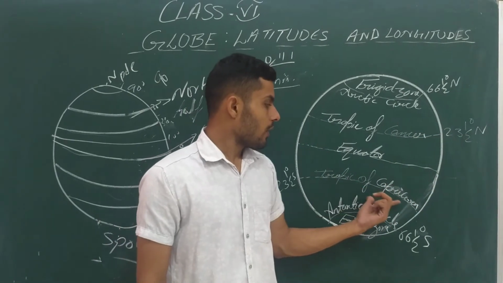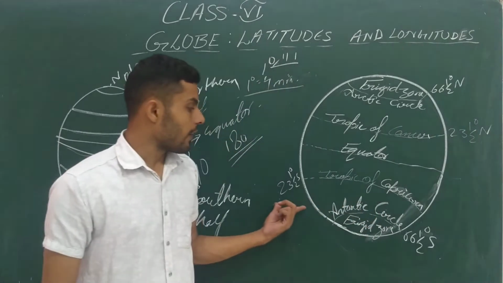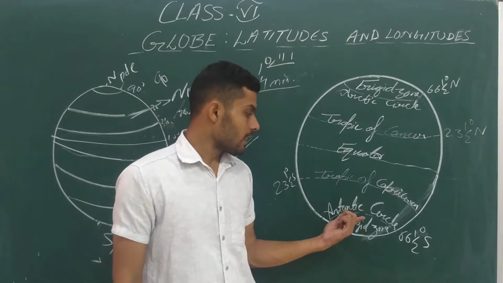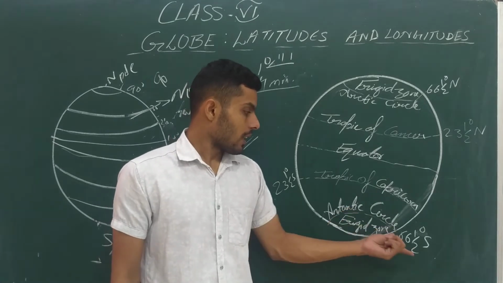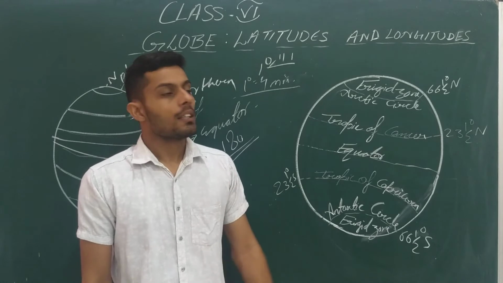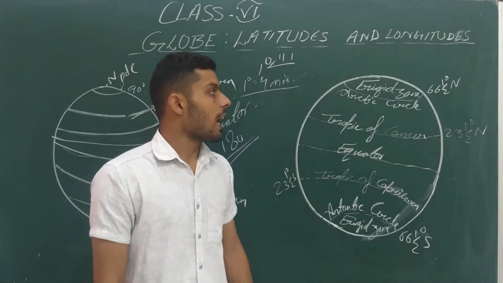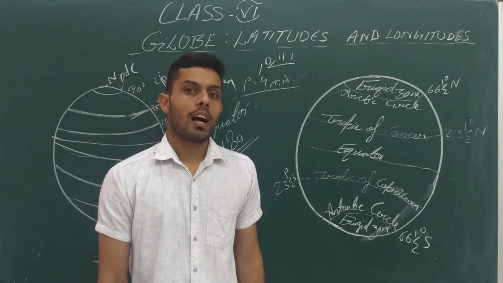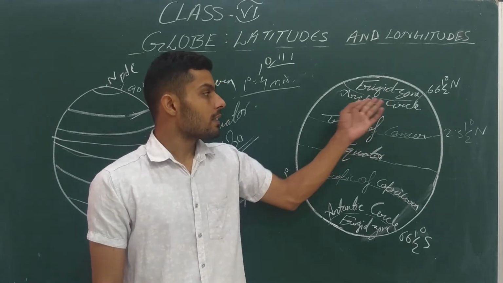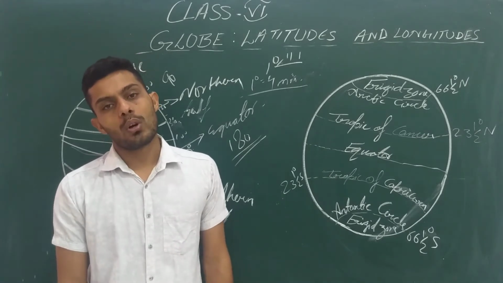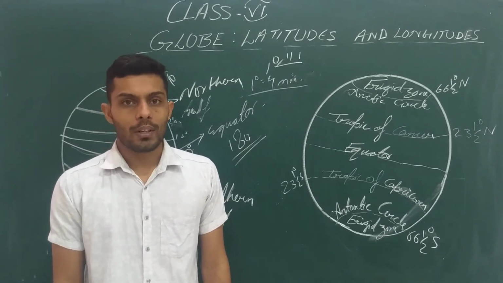Another is the Tropic of Capricorn, which has a value of 23.5 degrees south. The third one is the Antarctic Circle, which has a value of 66.5 degrees south. And the fourth one is the Arctic Circle, which has a value of 66.5 degrees north. So these 4 are the major parallels of latitude of our earth surface.